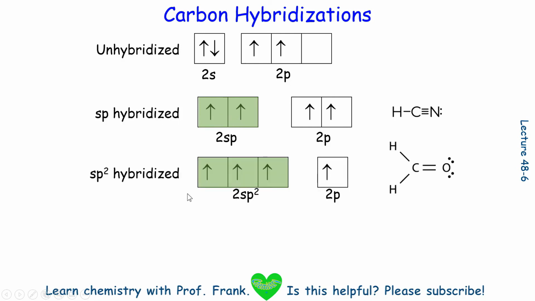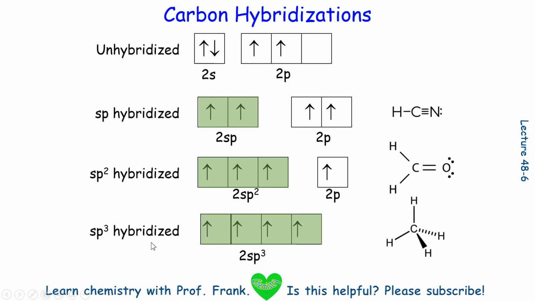sp2 hybridization, then that's 3 sp2 orbitals, and then 1 2p unhybridized orbital remaining. It's like in this example right here, you see carbon uses 3 hybridized orbitals, and the type of the hybridized orbitals is sp2.